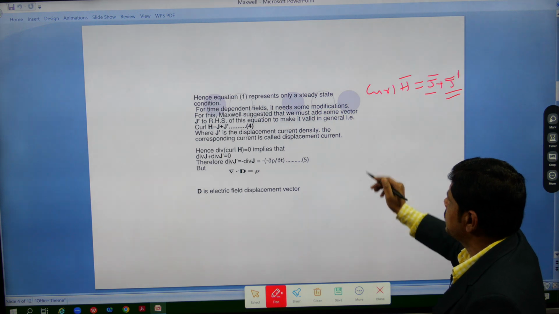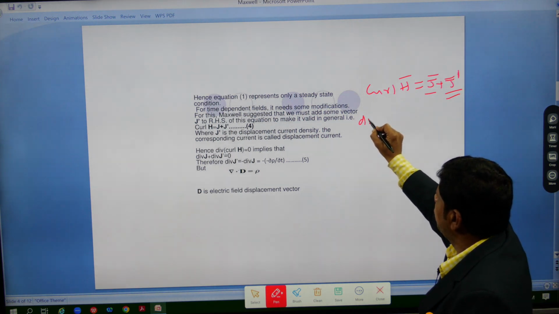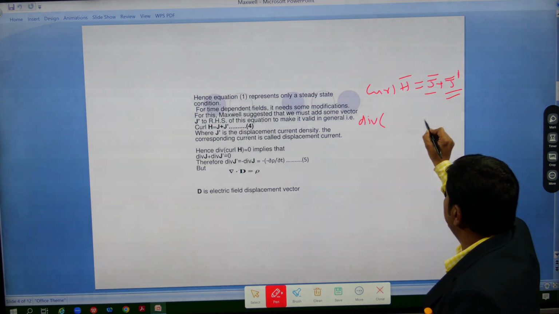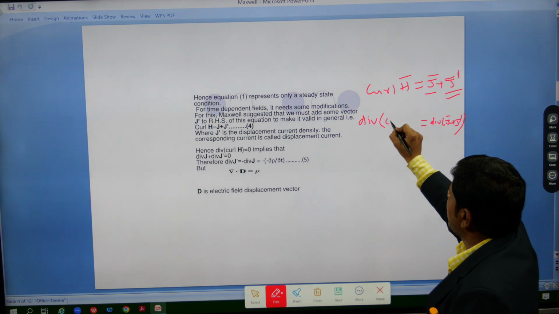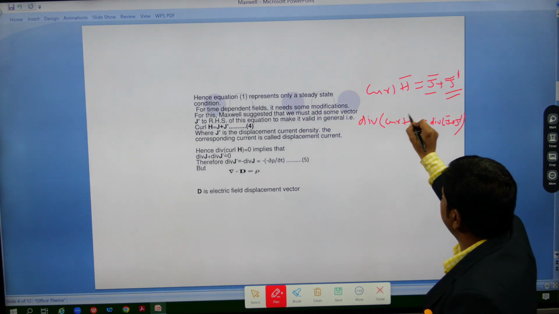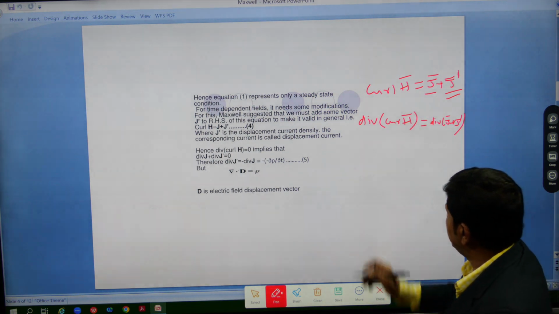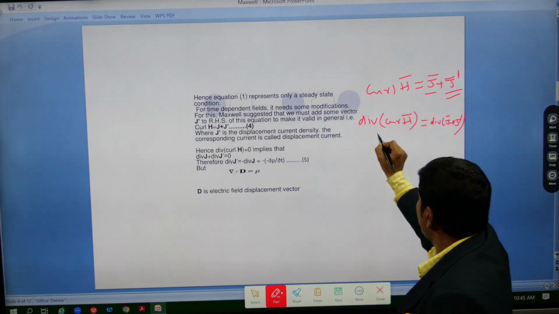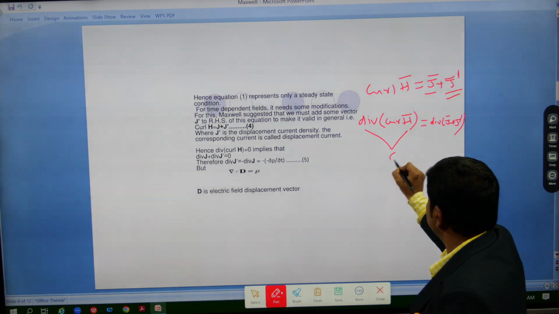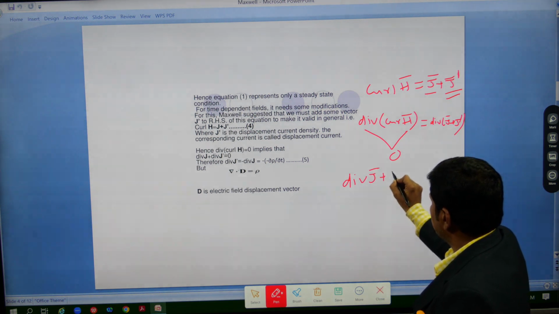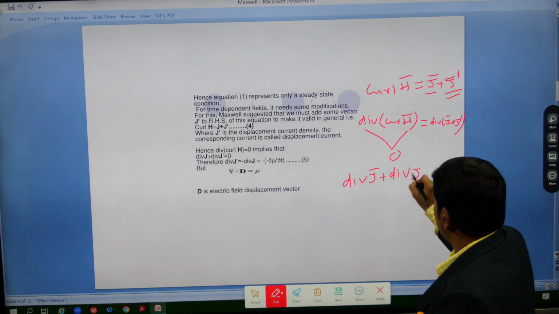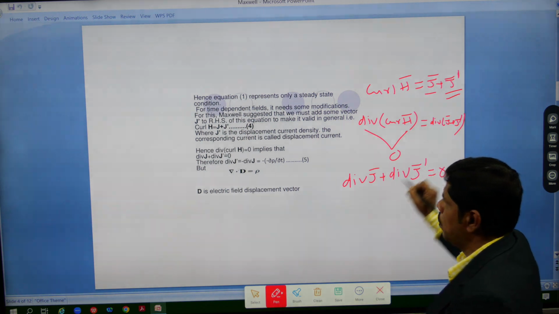Now I do the same procedure. I take the divergence on both sides, so I get divergence of J bar plus J dash bar on one side and divergence of curl of H bar on the other. As we know that the LHS is equal to 0, finally divergence of J bar plus divergence of J bar dash is equal to 0.